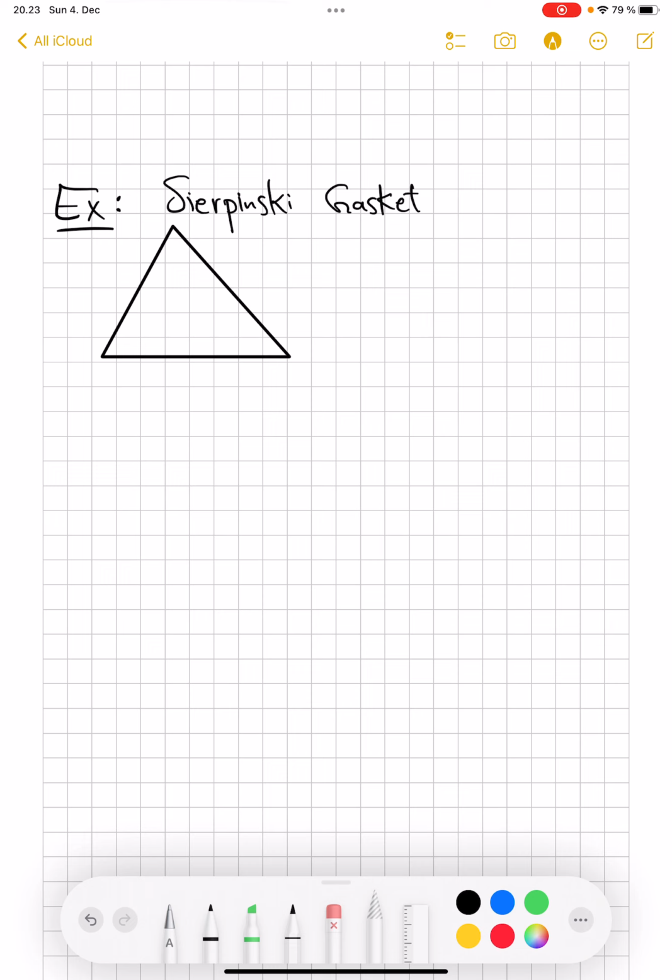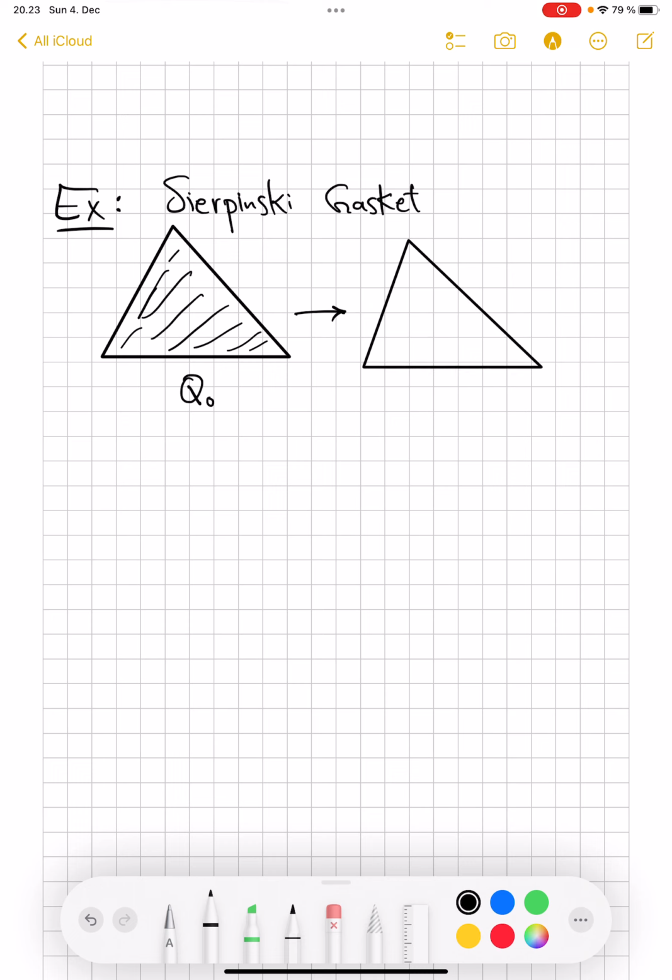So what happens here is, this is your Q0, by which I mean the interior of it. So the babies of it will be this here, this one here. These are supposed to be equilateral, so my drawing isn't reflecting that. So this will be Q1, Q2, and then Q3.